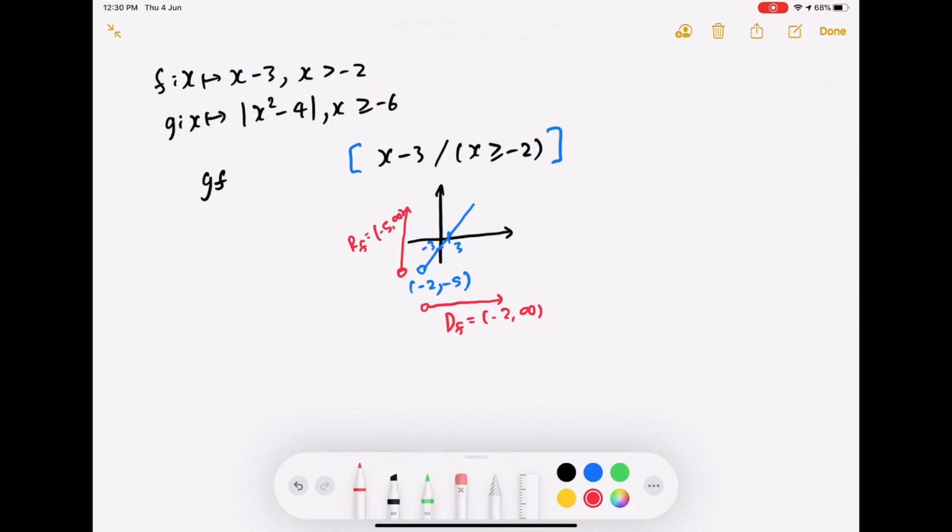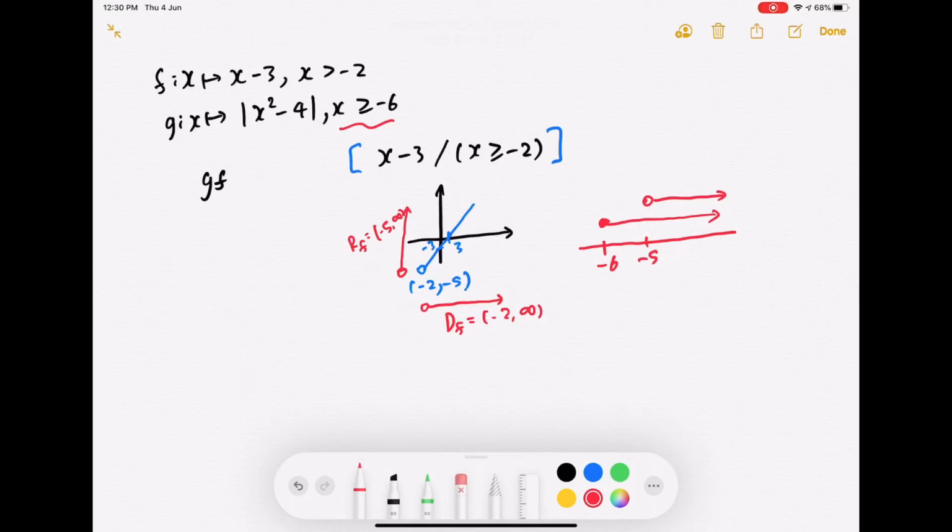So you can draw a number line. When we draw the number line, we have negative 6 and negative 5. Why negative 6? Because you can see that our domain of Dg is negative 6 or more. I'm going to shade it because there's an equal sign below. It's going to be negative 6 or more, but our Rf is from negative 5 all the way to infinity.